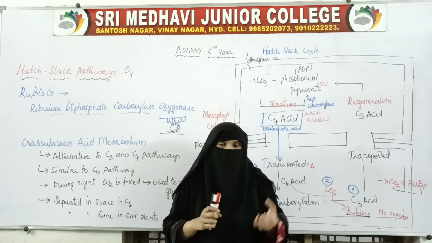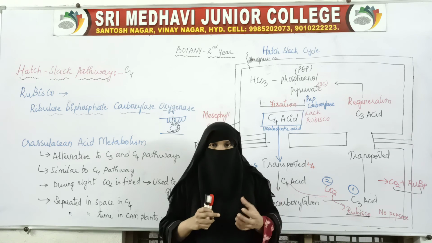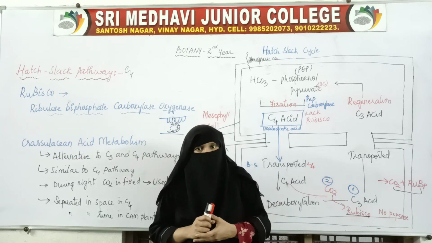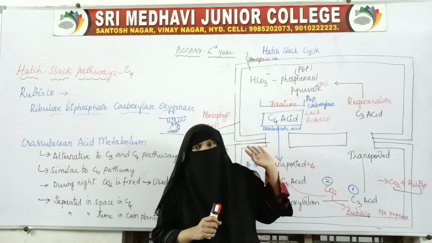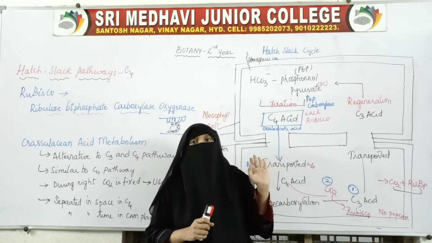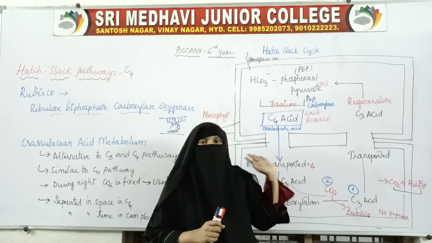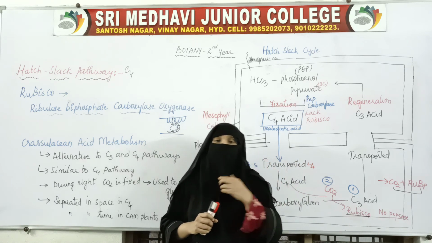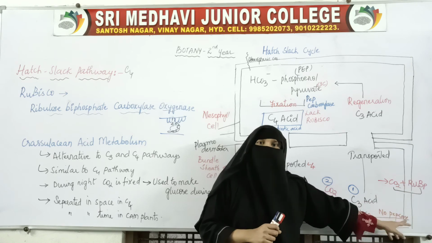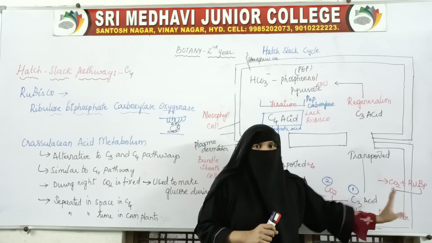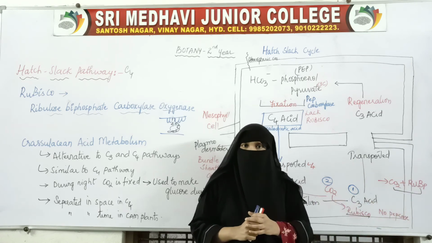The triose phosphate goes through reduction, ATP is added and NADPH2 is reduced. Then RuBP will be regenerated and glucose will be formed. So the C3 pathway, the C3 cycle or the Calvin cycle, we have already seen.